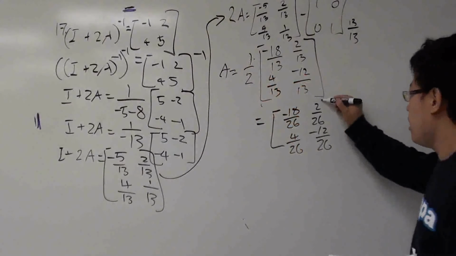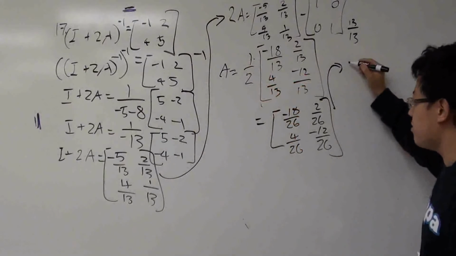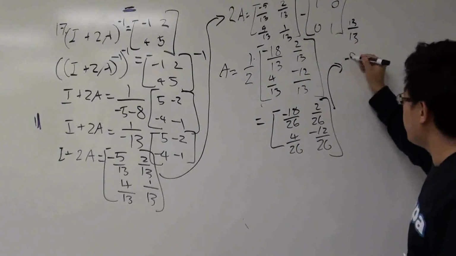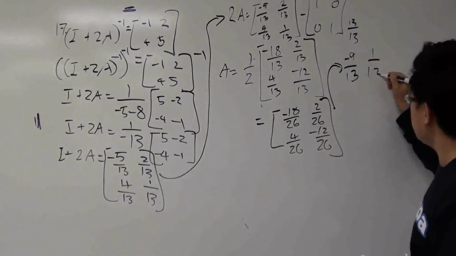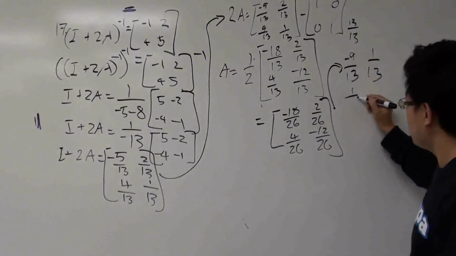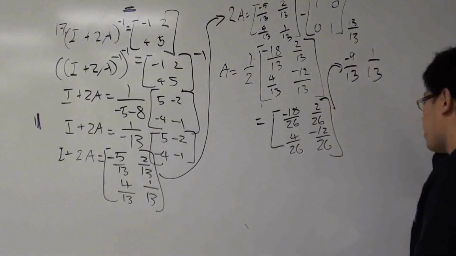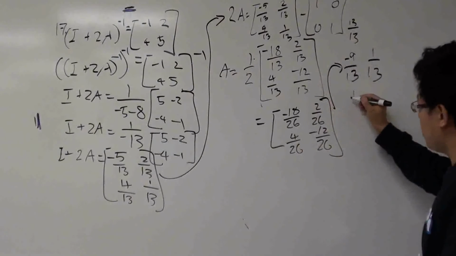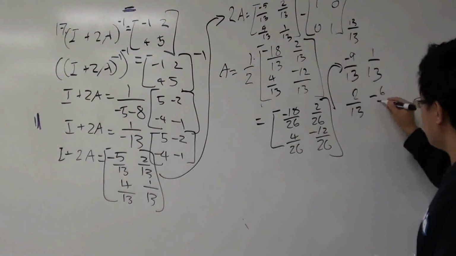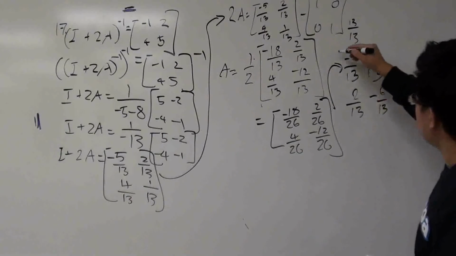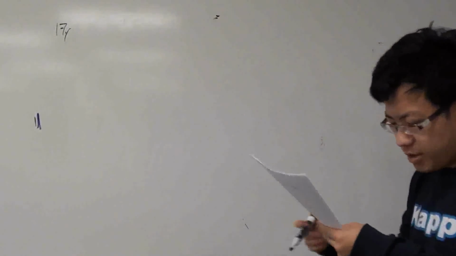You really do not want to simplify, nor are we required to, I don't think. 9 over 13, 1 over 13. 26 can't be divided by 4, so it's going to be 1, 2 over 13, and 6 over 13. I was hoping for a different question. This seems like a one-trick pony.